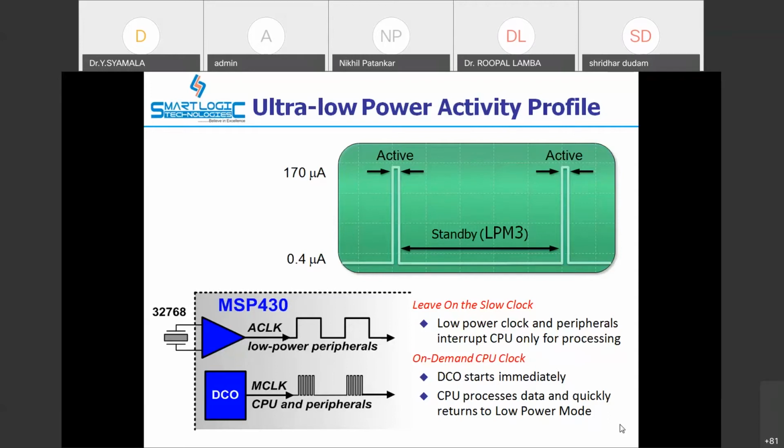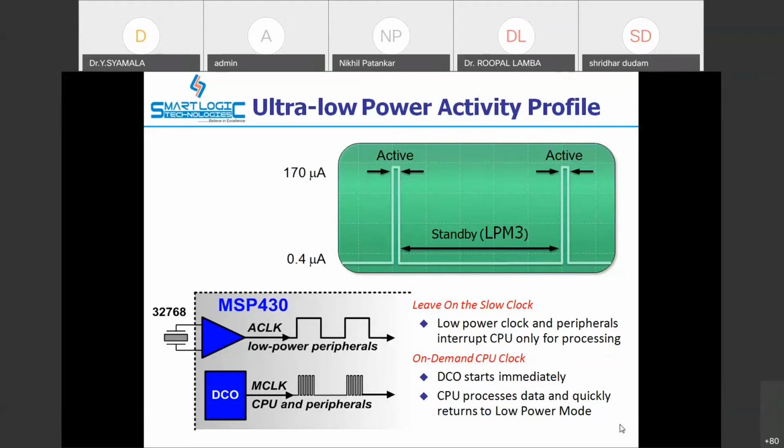So it is recommended that if it is not necessary to process the data at a faster rate, you can run your controller at a lower speed, with a low power clock and peripherals. You can interrupt the CPU only whenever there is a need to process the data at a faster rate.